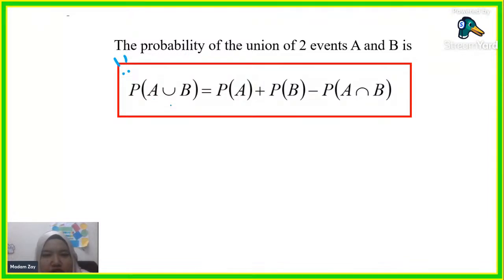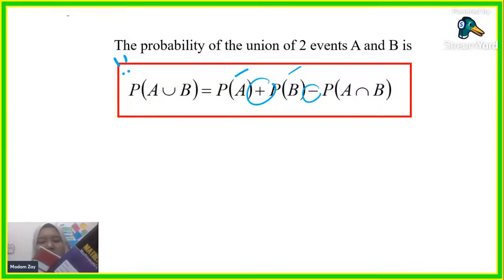So the probability of A union B is the addition of the probability of A and B, and then we subtract one probability of A intersect B. Okay, let me show you one example. If I have this event A, this is event B, there is an intersection between these two events A and B, right?